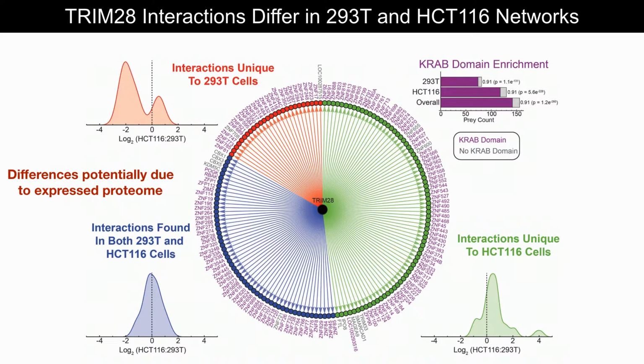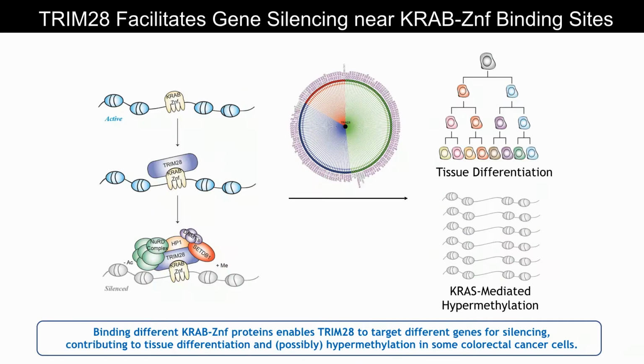And so it turns out that this relates to the protein expression in the cell. The HCT116 cells have a much more diverse set of KRAB domain proteins that are expressed, and we can actually detect those. KRAB domain proteins are interesting in that they set up different transcriptional complexes to regulate different kinds of genes.